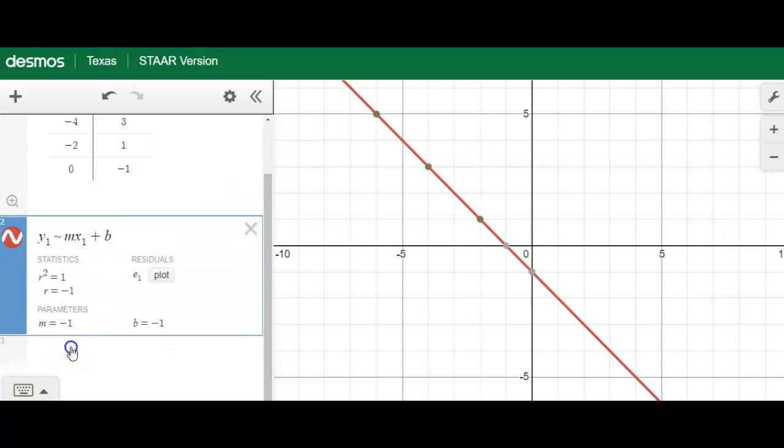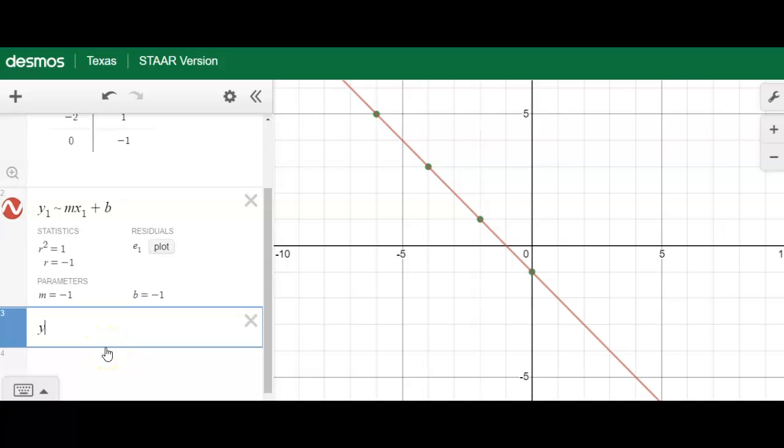What's my equation? Y equals -1x minus 1. Or you can just leave it like that.